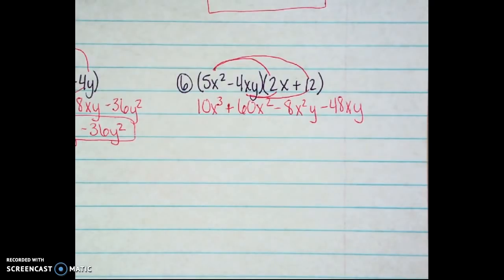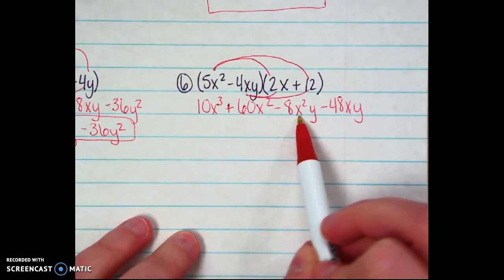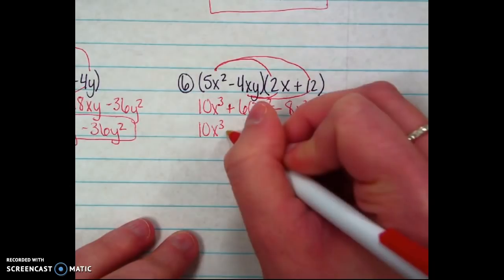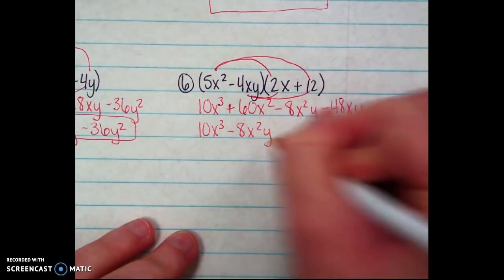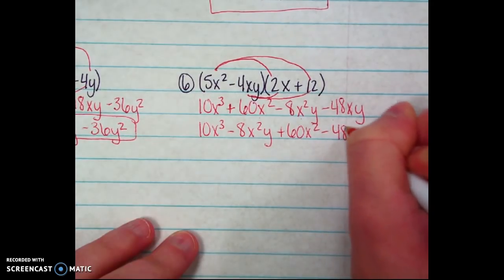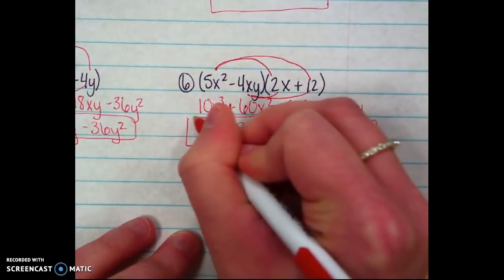There are no like terms, but these two need to switch, so it will be in standard form. So 10x cubed minus 8x squared y plus 60x squared minus 48xy. And there you go.